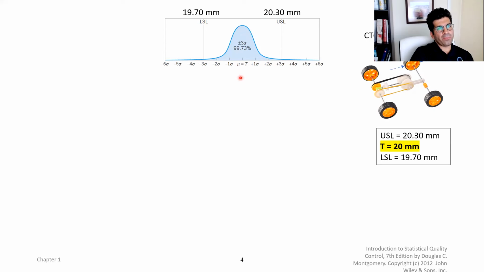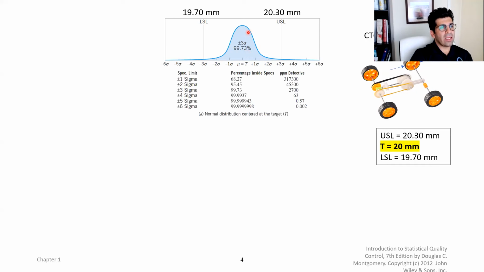If the distance between the mean of our distribution and the USL or the LSL is 3 sigma, then we would say that we are producing in 3 sigma. And in that case, 99.73% of the wheels that we're producing are actually within the specification. What does that mean?